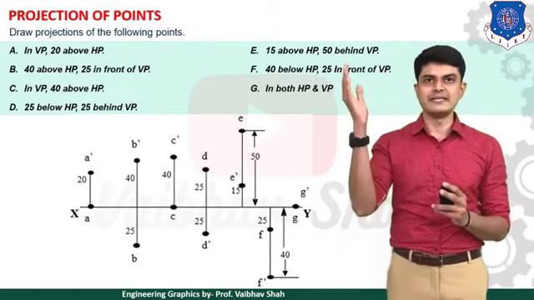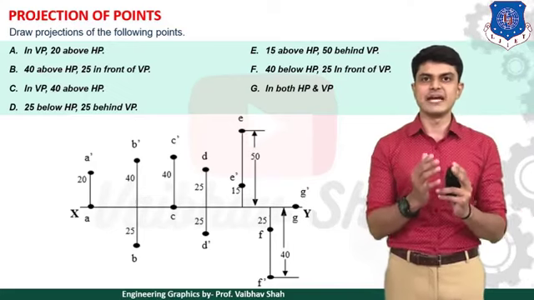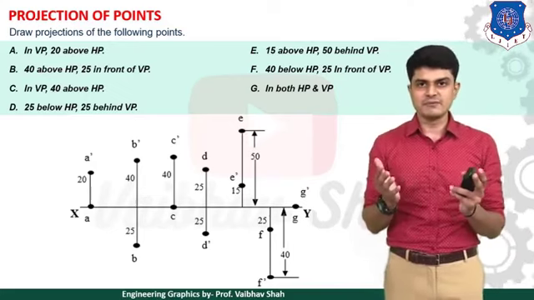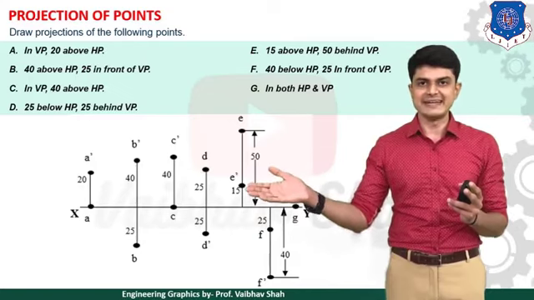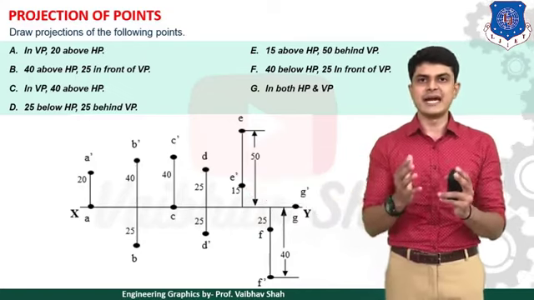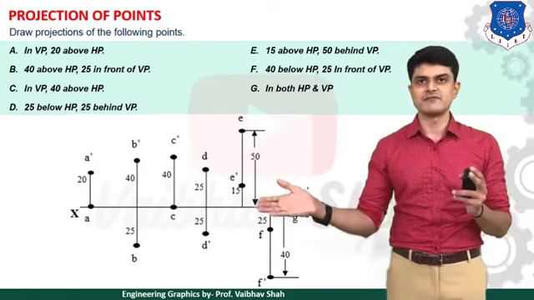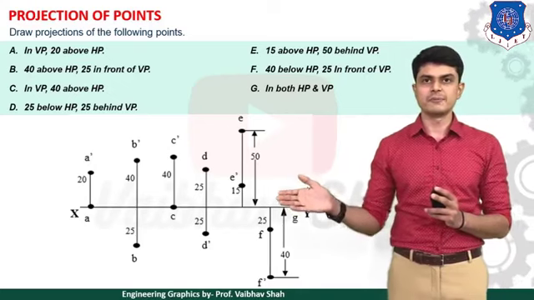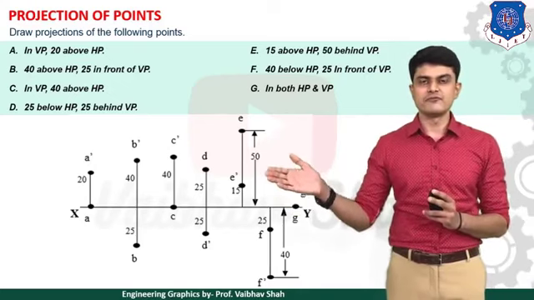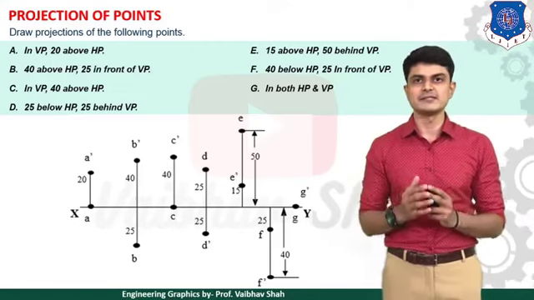Then example E: 15 mm above HP and 50 mm behind VP. 15 mm above HP means E dash is 15 mm above the XY line, and 50 mm behind VP means point E without dash is 50 mm above the XY line here itself.